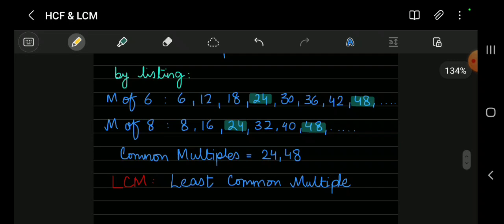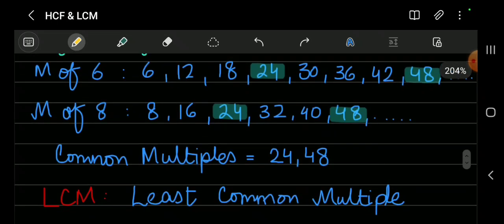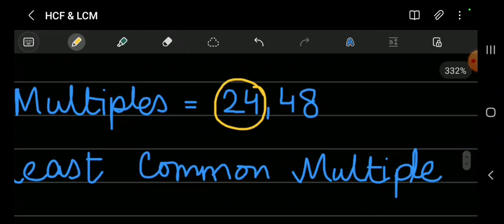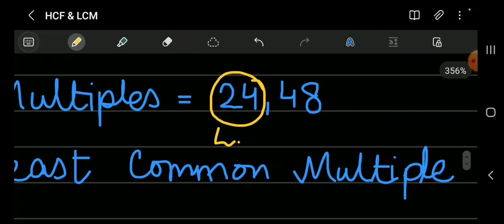By listing method, we find it. See, when you write the common multiples, which one is the least or the smallest common multiple? 24. So if you list some of the multiples of a number, and then you write down the common multiples, out of them the smallest common multiple is your least common multiple, or LCM.